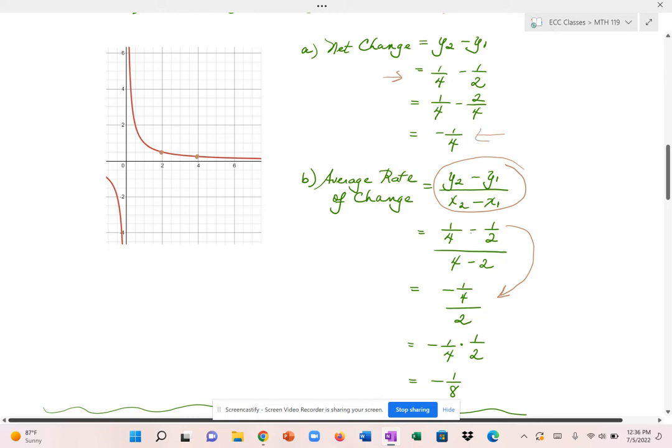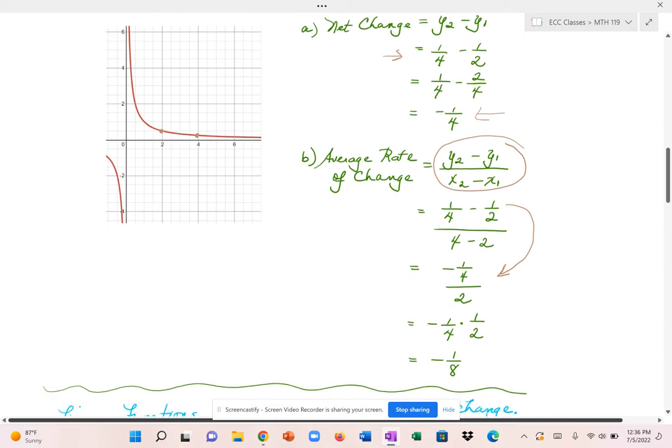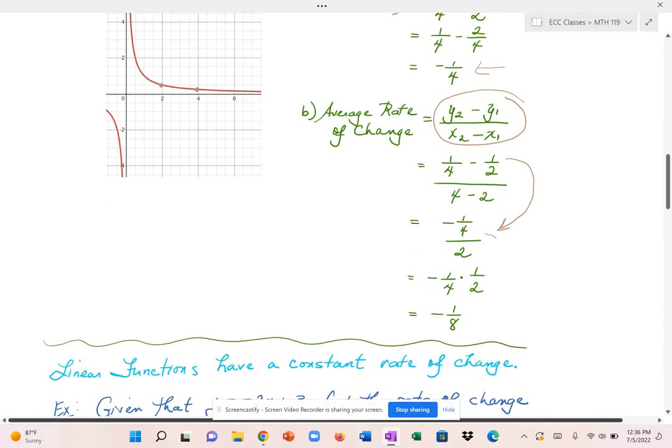Divided by my denominator, which is 4 minus 2, that equals 2. So -1/4 divided by 2 is the same as -1/4 times 1/2. So you change division to multiplication and take the reciprocal of the second number. So the 2 becomes a half. And that gives me an average rate of change of negative 1/8.